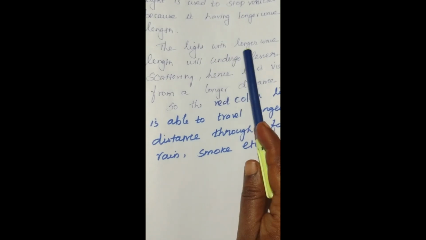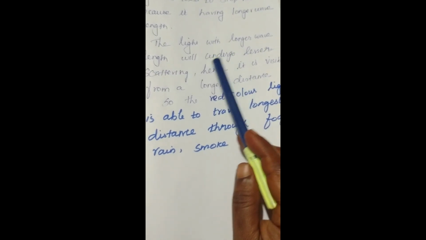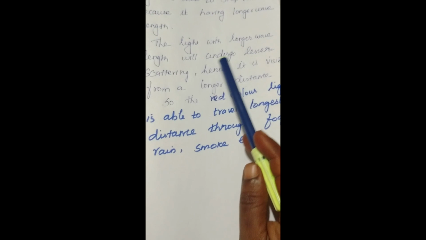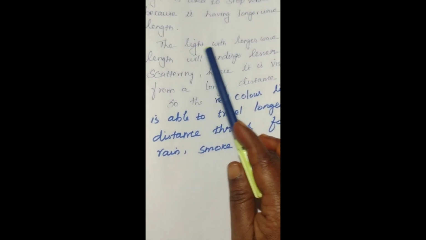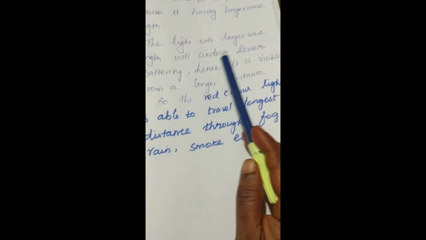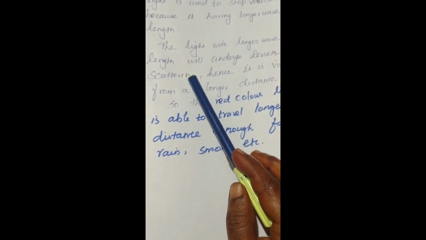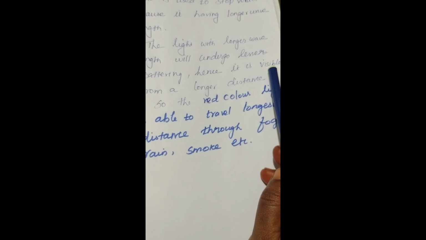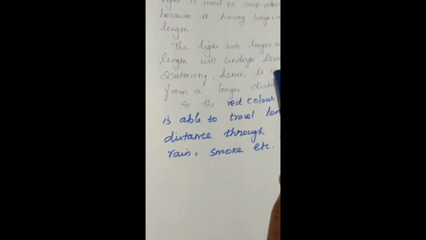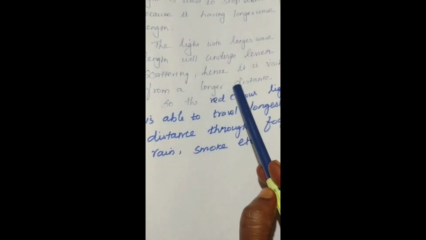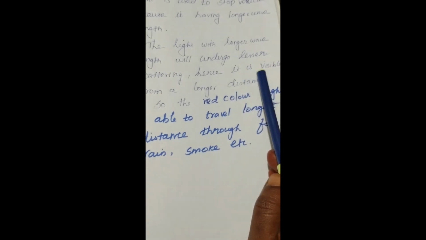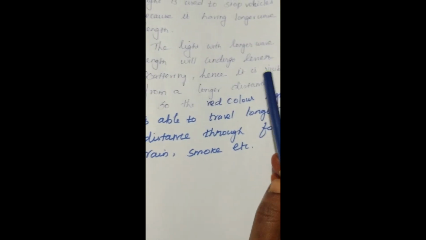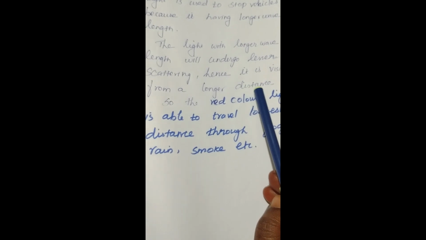So red having the longest wavelength, so the scattering power will be less. Less amount of light only will scatter. Hence, it is visible from a longer distance.